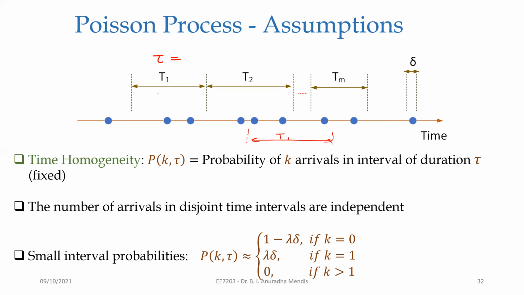Now this t1 duration we pick in different locations on the time axis, but we need the probability of having k arrivals in the same durations. Okay, so are these two probabilities the same in practice?